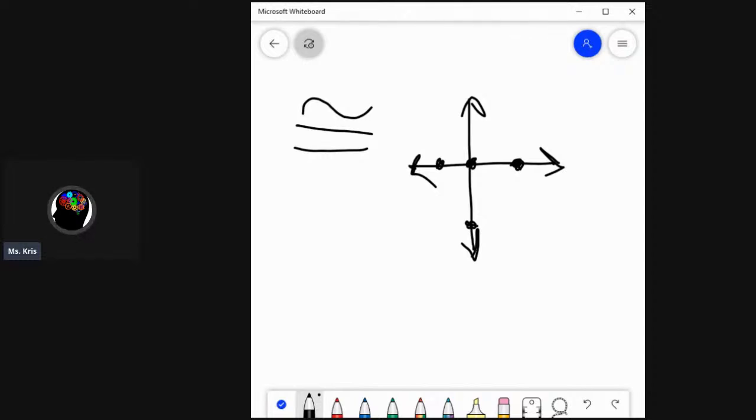Now, congruent lines or line segments are 2 lines that have the same length. Simply put, they're equal to each other. So being congruent means they are equal. They are of the same length.